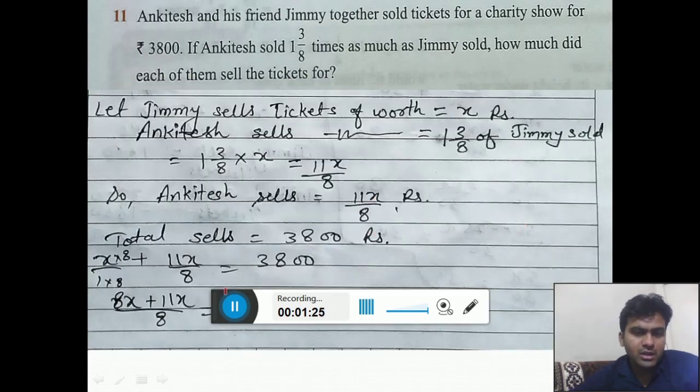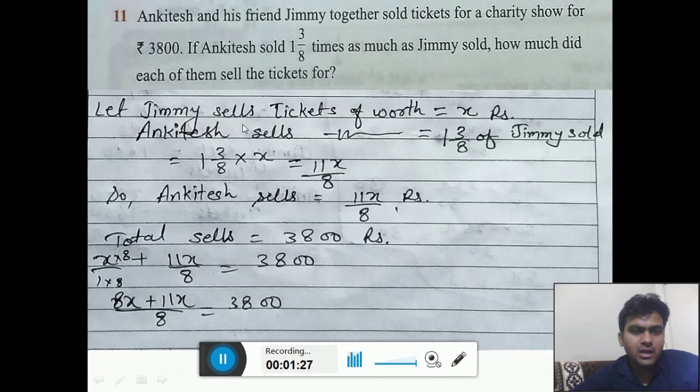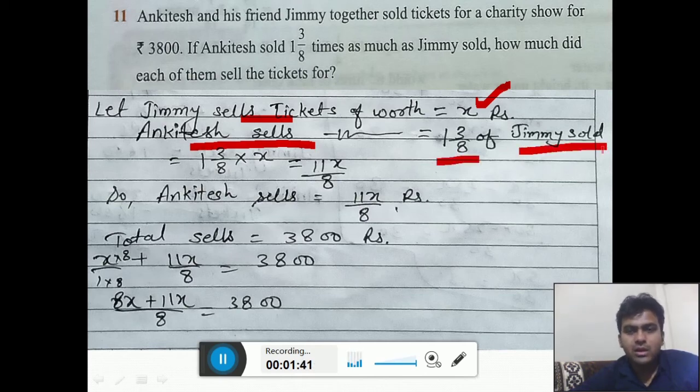Let Jimmy sell the tickets of worth x. So we assume Jimmy sold the tickets of worth x. So Ankitesh sells the tickets of worth 1 complete 3 upon 8 of what Jimmy sold, and what Jimmy sold? x. So 1 complete 3 upon 8 into x.